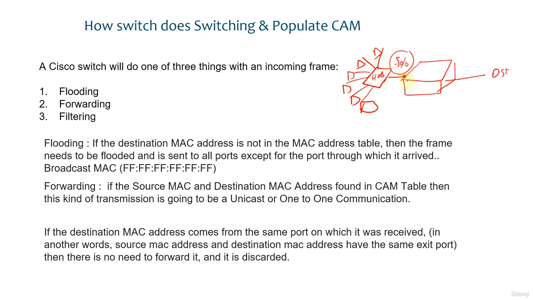So if one of them wants to send a frame to this computer, this information is not going to flood everywhere, because this switch is intelligent enough. It knows that all these devices are connected on the same port, so it needs to filter out the traffic. So it will remain in the same domain.